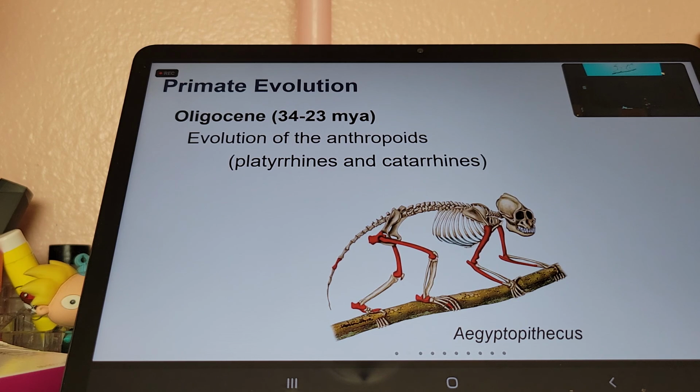So we have Aegyptopithecus, and you can see it looks an awful lot like a monkey, using quadrupedalism. You get the long tail, walking on tops of branches. Right? So during the Oligocene, we see the evolution of monkeys. This is where we get the first monkeys.